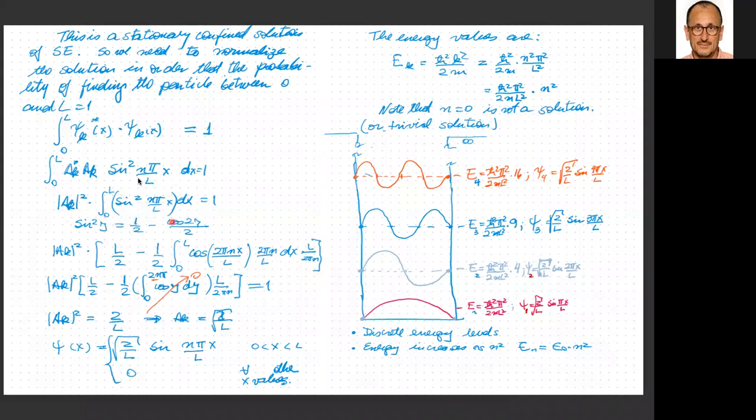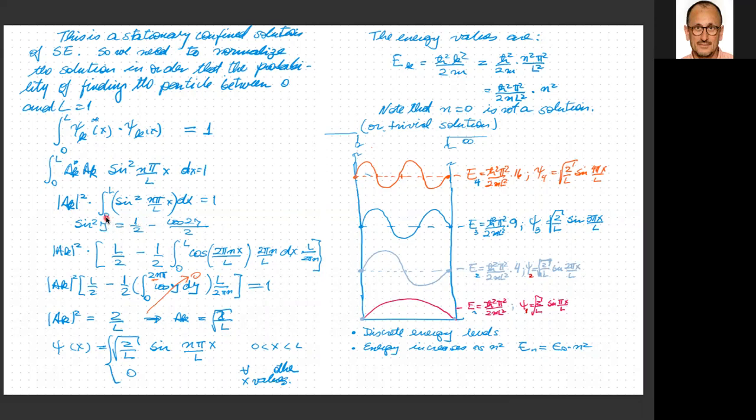I can use the cosine of half the angle and rewrite it like this. And so I will get a constant value for sine squared, the mean value, and something that fluctuates with y.